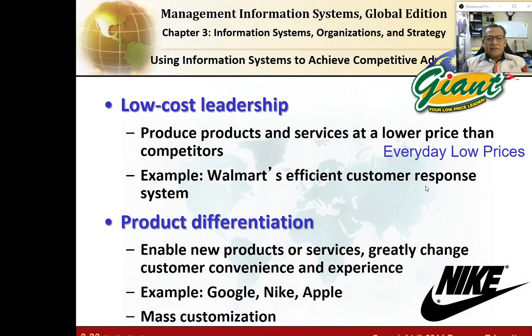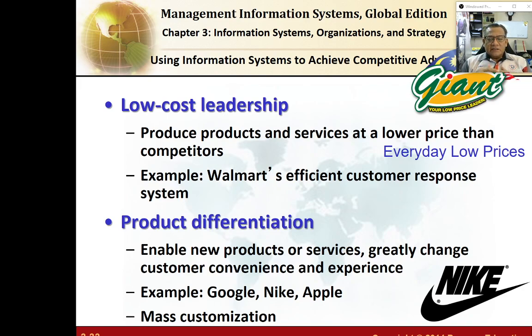Let's take a look at the IT being used by certain companies that basically offer low-cost leadership. Let's take a look at Giant. Their slogan is basically everyday low price, because a customer will instantly be persuaded by low price. All customers like low price offerings.